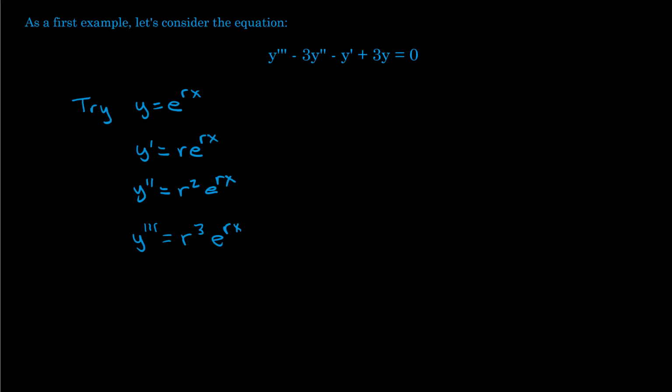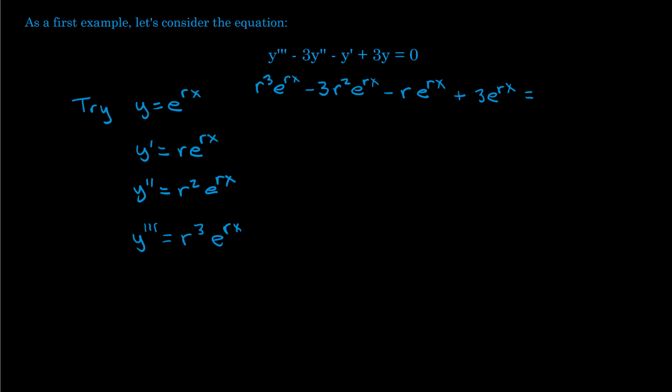But notice here, I can rewrite this equation that we have as r cubed e to the rx minus 3r squared e to the rx minus r e to the rx plus 3, and it's going to be just e to the rx.